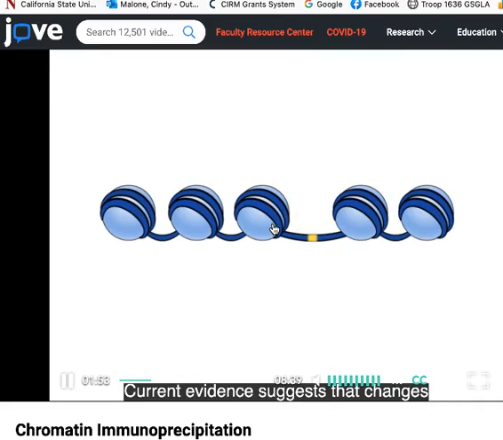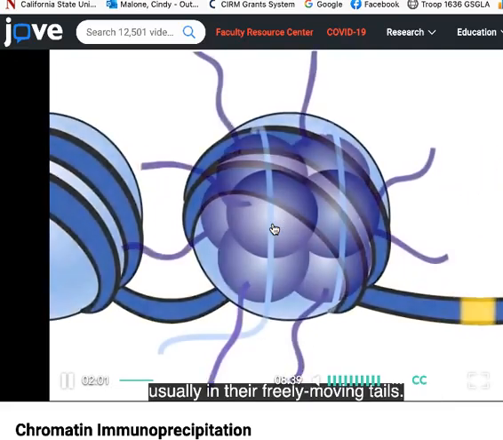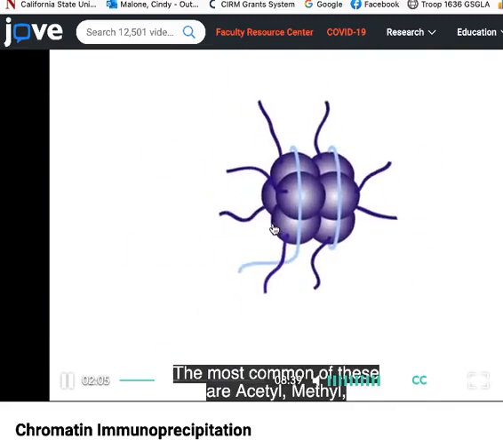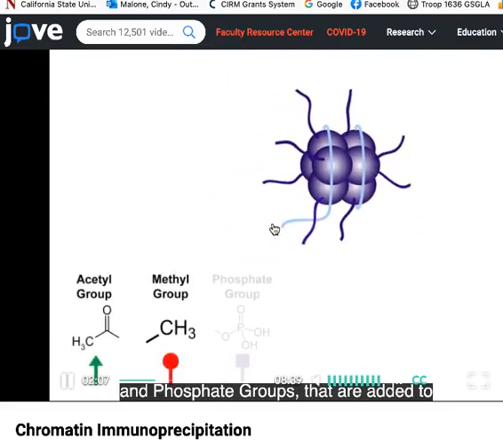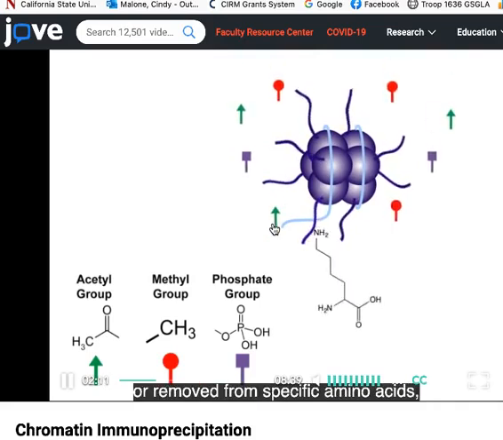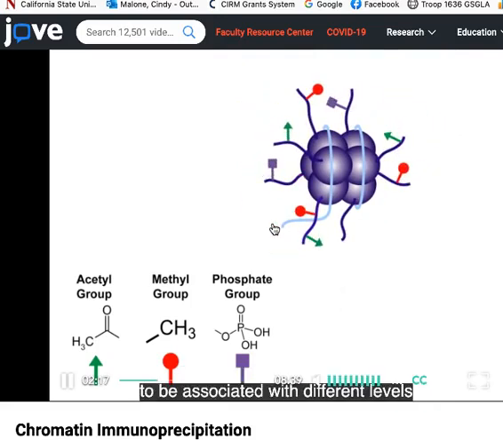Current evidence suggests that changes in chromatin structure that regulate gene expression are mediated by chemical modifications made to histones, usually in their freely moving tails. The most common of these are acetyl, methyl, and phosphate groups that are added to or removed from specific amino acids. And these different histone modifications are observed to be associated with different levels or modes of gene expression.